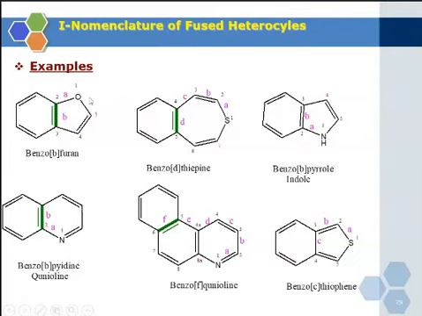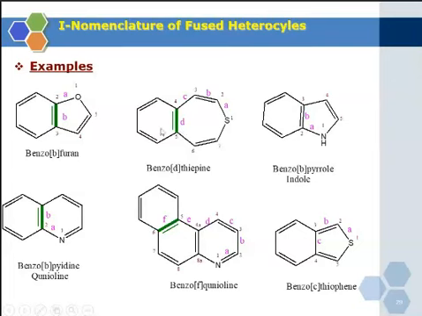So the bond between 1 and 2 is denoted as side A, 2,3 as B, then C, then D and E. I am talking about the name of this side or face: this one is denoted as A, this one as B, this one as C, this one as D, and this one as E. Here the two rings are fused along the B face, hence the name benzo[b]furan.